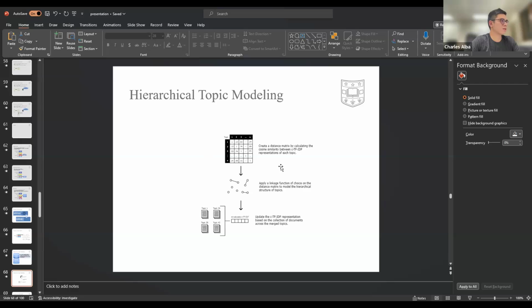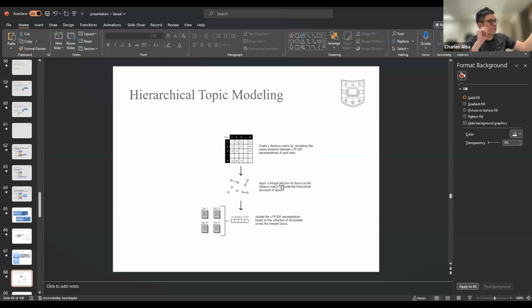So how it works is that once it produces the representations, the TF-IDF, it calculates the cosine similarity between the topics, and it applies a linkage function. I think it uses Ward linkage.